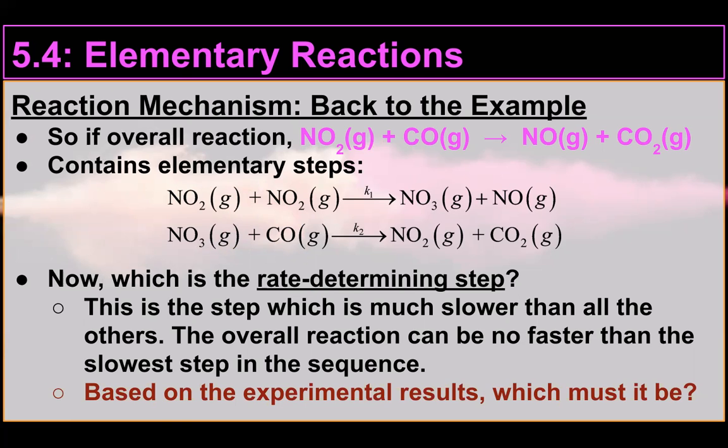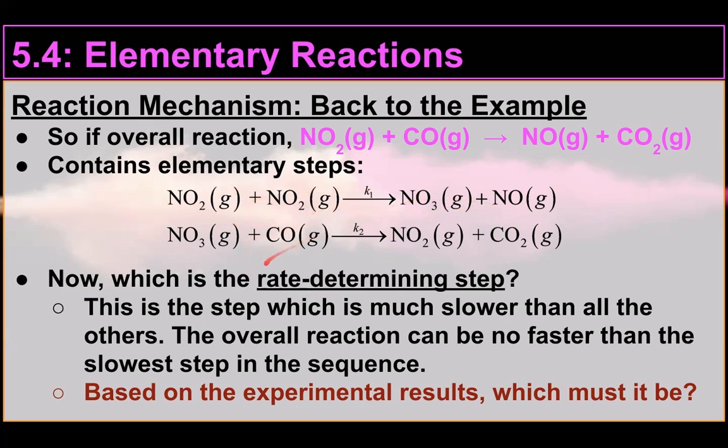By virtue of being so slow, it is going to be what determines the overall rate, how fast the reaction can go. And so that tells us that if we have this elementary step and our rate law is K times NO2 squared, then this must be the slow or rate determining step.